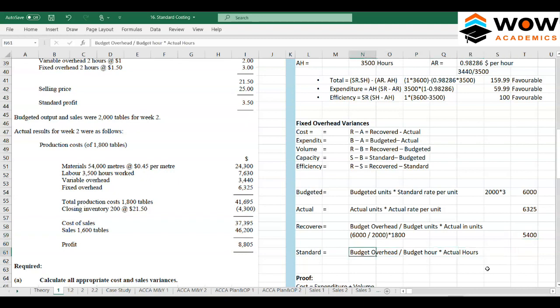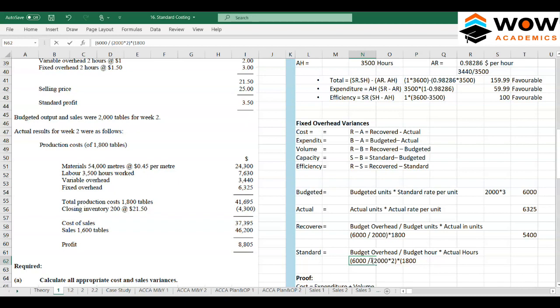So the next one is the budgeted overhead, which is 6000. Budgeted hours: 2000 units are there, and each unit will take how many hours? As per budget, it will take 2 hours. Actual is 1800, and how many hours does it take?